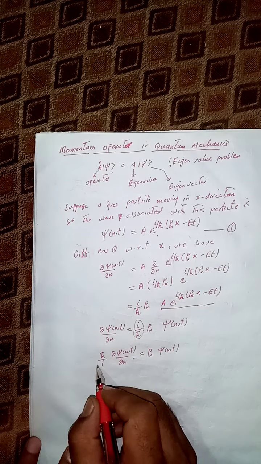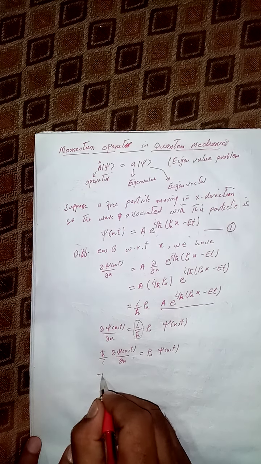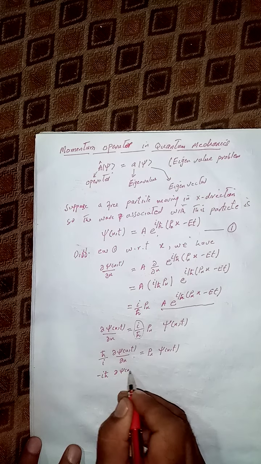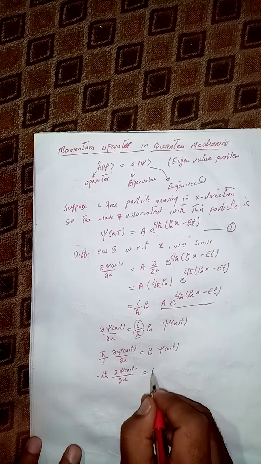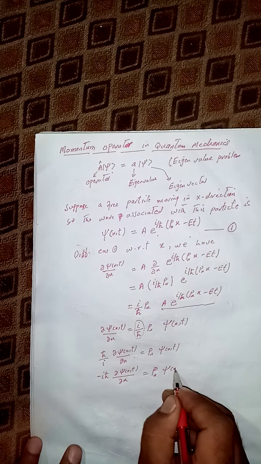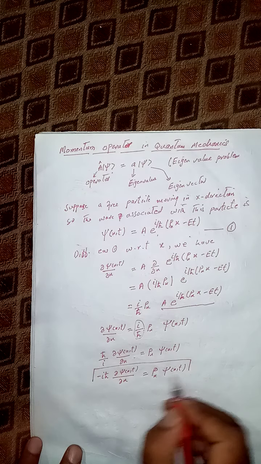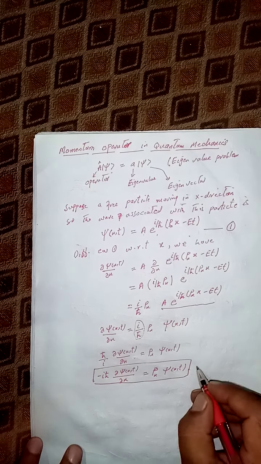Now multiply and divide the left hand side by iota, we get minus iota h bar partial psi of x and t over partial x is equal to p_x psi of x and t. Now this is a very important equation. This is an eigenvalue problem.